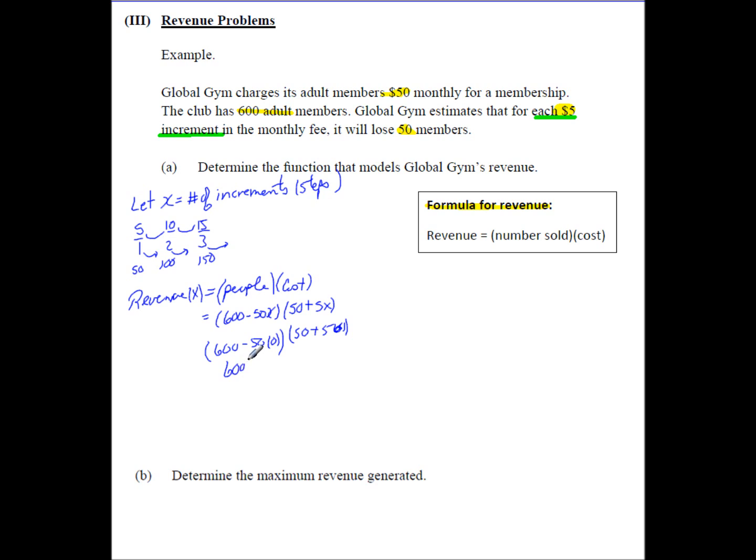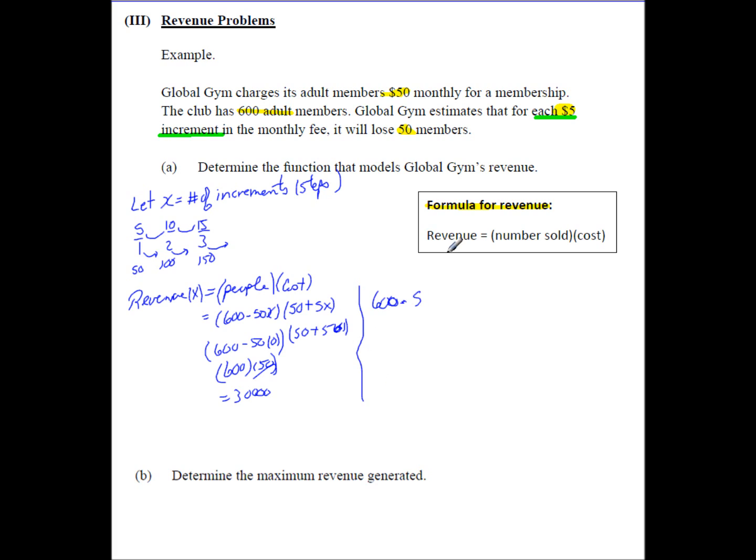So you'd have 600 subtract 50 times 0 is 0. Then you have 50 plus 5 times 0, or just 50. So that would be $30,000. Okay, let's just keep going with this. Hopefully this will help everyone understand it.